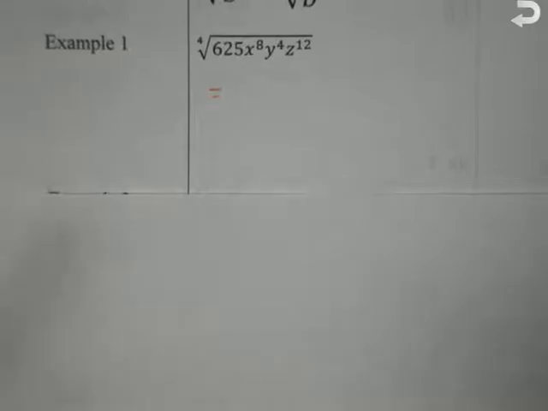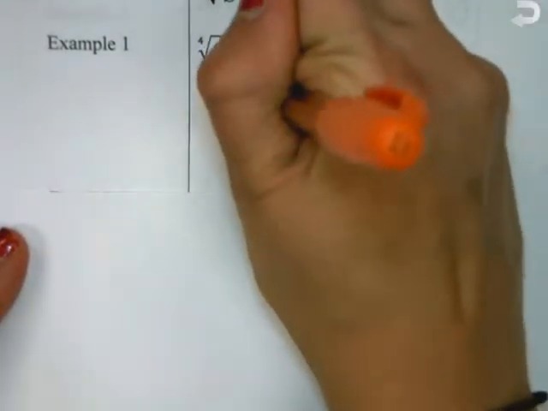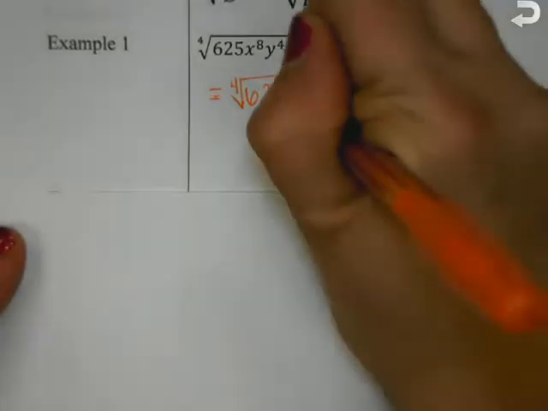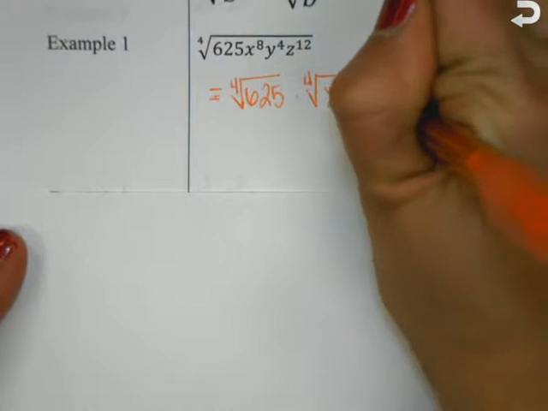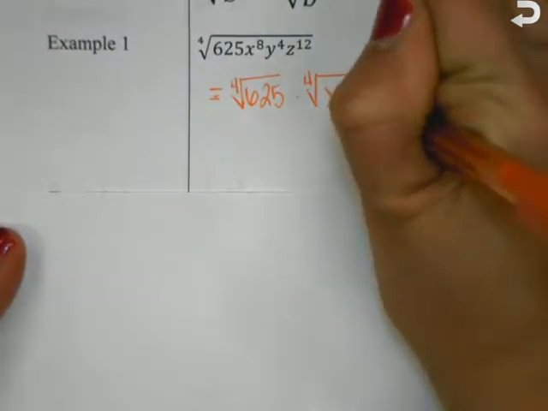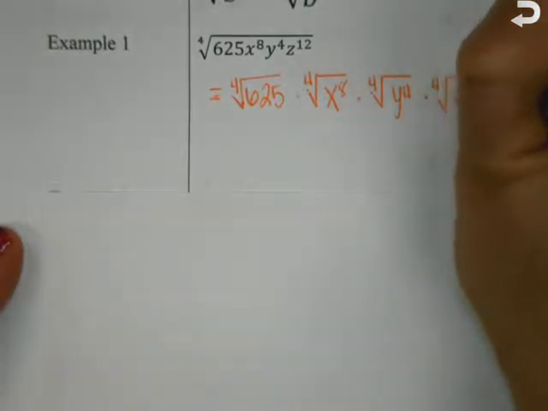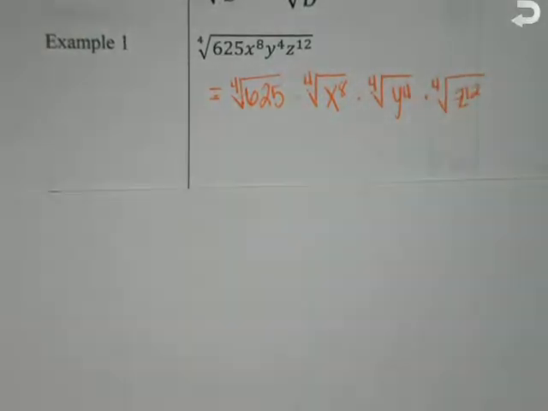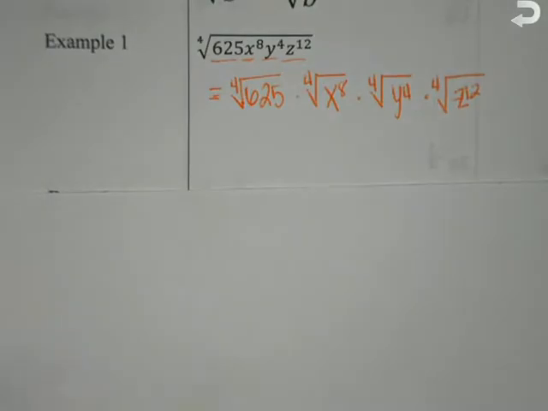So this is going to be equal to the fourth root of 625 times the fourth root of x to the 8th times the fourth root of y to the 4th times the fourth root of z to the 12th. So all I did for this first example was break everything up so that we can figure out what's going on, and then later we won't have to break it up anymore. But I just want to show you what's going on. So we can break each individual term up and take the fourth root of each one individually.